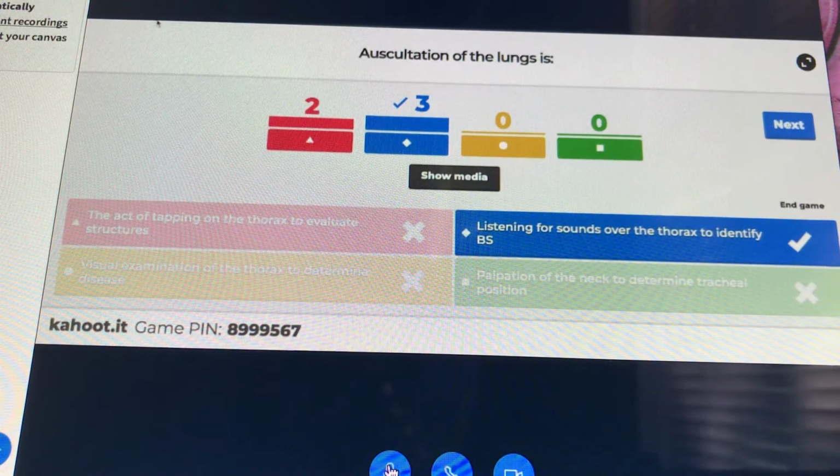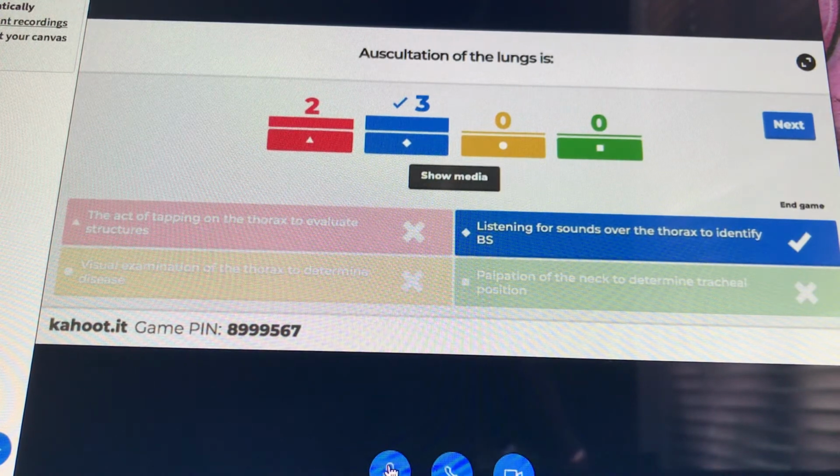What equipment do you use to auscultate? Stethoscope. Yeah, that's the most popular method of chest evaluation that we do. What is the act of tapping on the thorax called? Percussion.